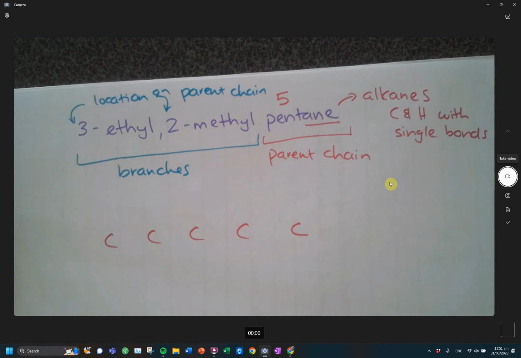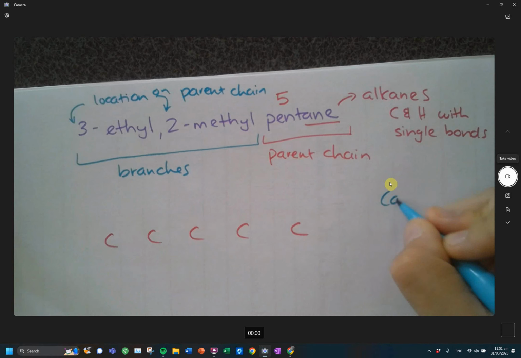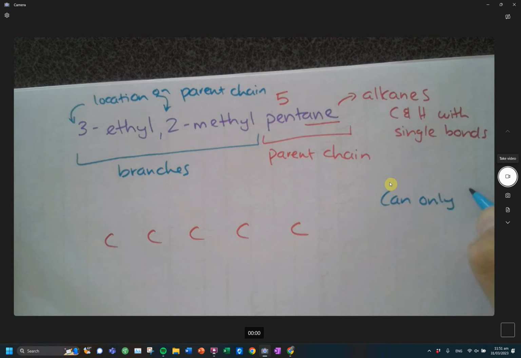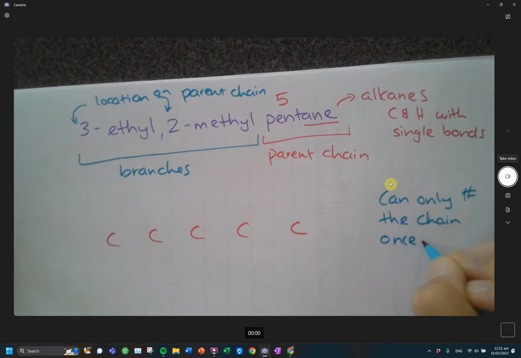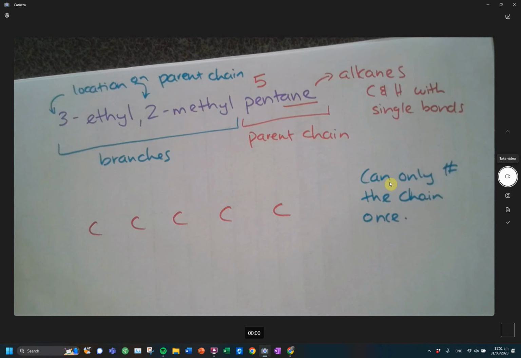So basically, what carbon is it attached to? Things to keep in mind is that we can only number the chain once. So keep that in mind when we are working, that we can only number the chain once.